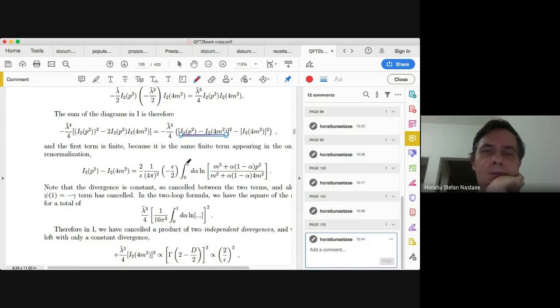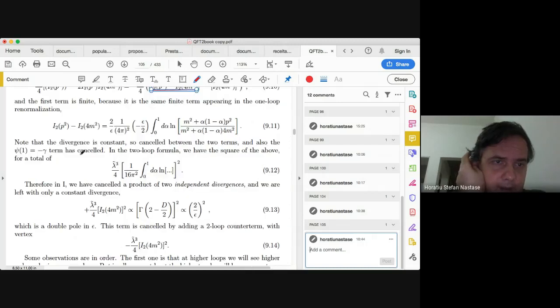So there's the canceling of the divergent 1 over epsilon terms, which are p independent here and here m independent. So the 1 over epsilon term cancels, and what remains is finite. And moreover, we also canceled this psi of 1, which is minus the Euler constant.